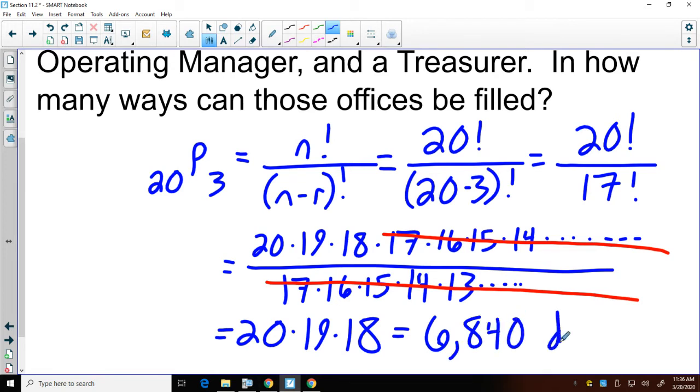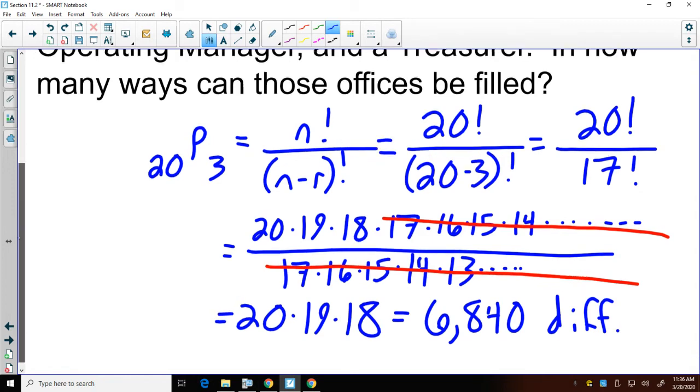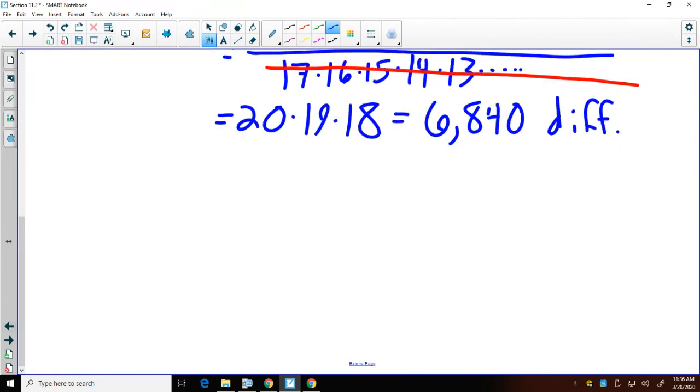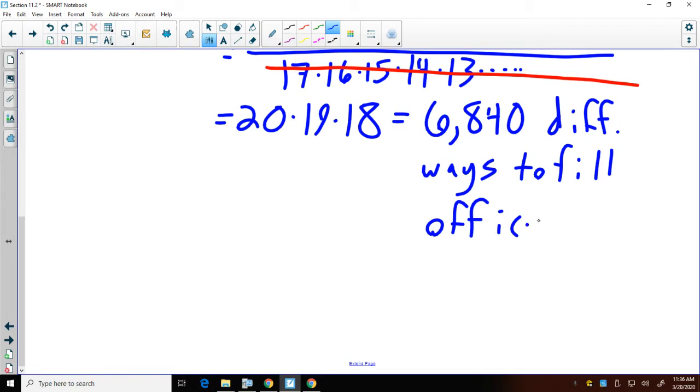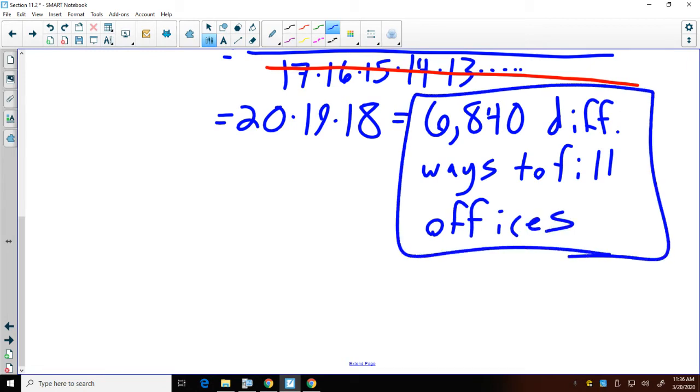6,840 different ways to fill the offices. And that's it. All right, that's my one time I'm going to show you by hand.